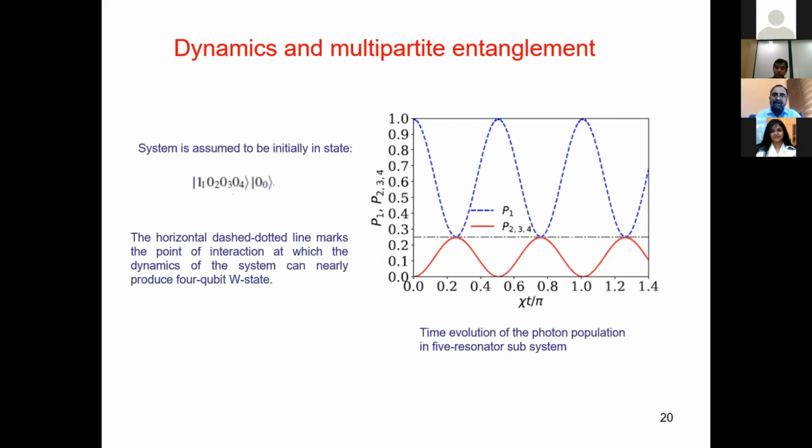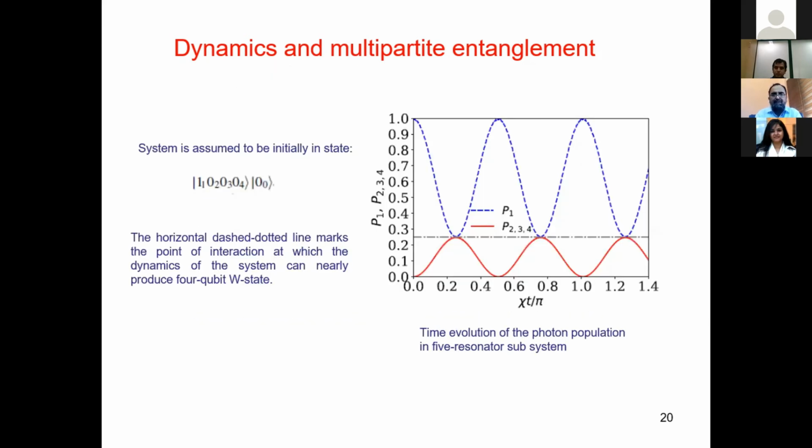We had intersection points where we have a W state of 3 ensembles. Here we have 4 resonators, and at this intersection point, we have population in all 4 resonators, so it evolves into a W state. Again, it is a purely quantum mechanical feature. There is no analog of this in a classical harmonic oscillator.